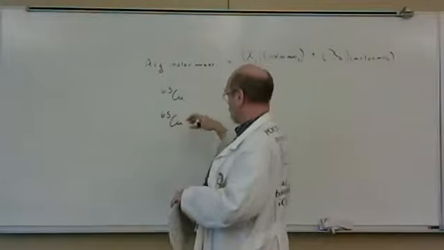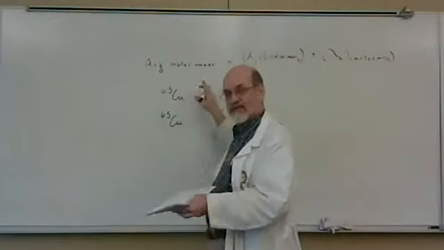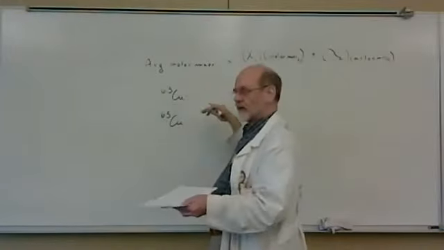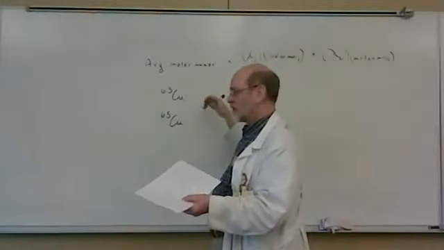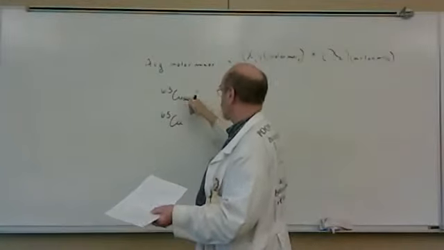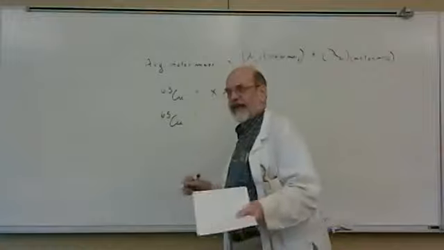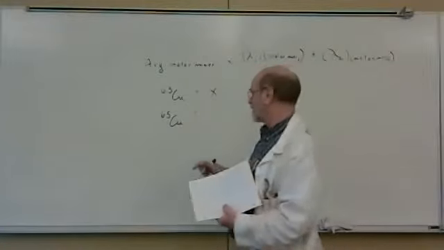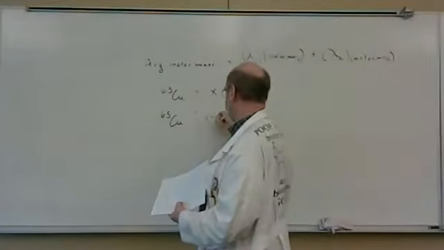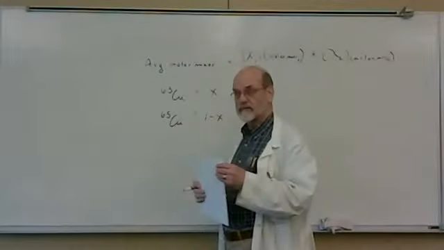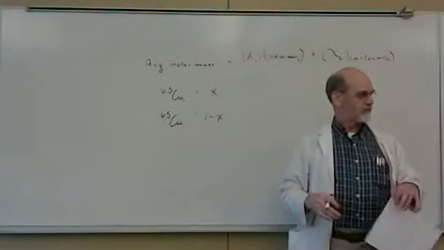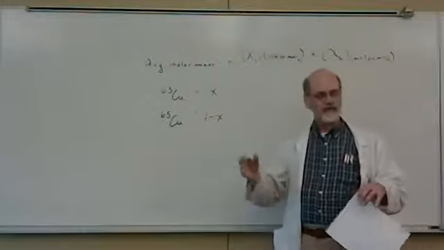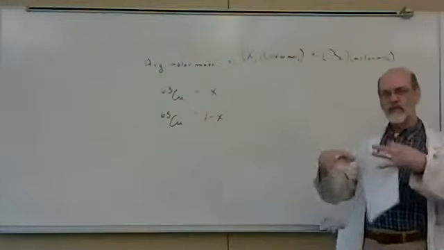Right, so we want the percentage of that one or the fraction of that one. If we only have two isotopes and we let the fraction of this one be X, then this one has to be 1 minus X, right? Because they got to add up to 1. Add up all the fractions, and the total equals 1.